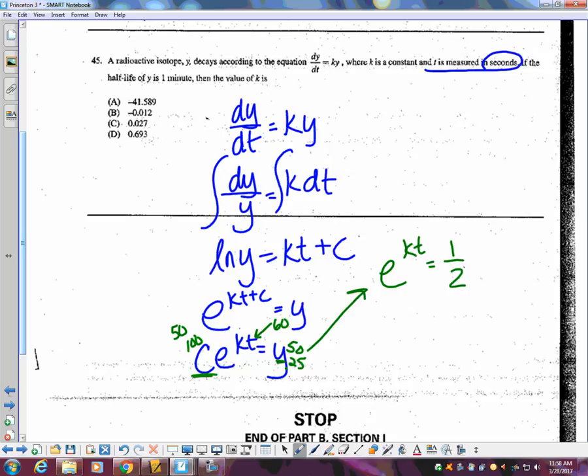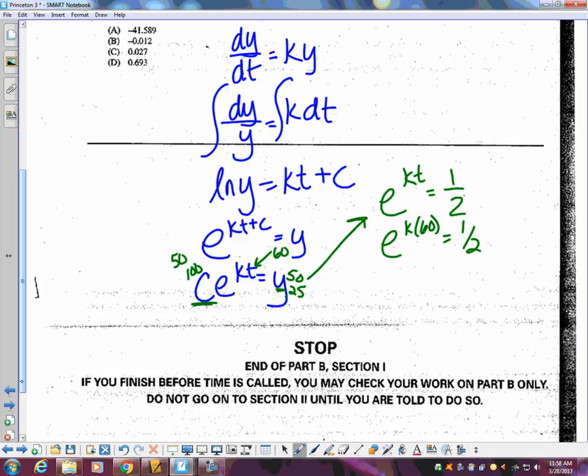Take a second, make sure you see what I'm doing here. And then the t is 60 seconds for it to reach half. Okay, so now I'm going to ln with a snail. So ln of 1/2 equals 60k, and then just divide by 60.